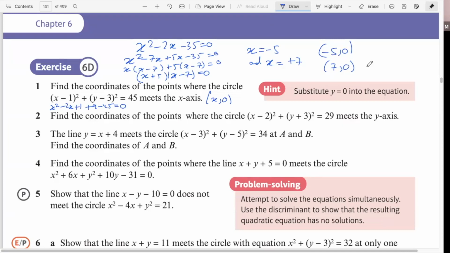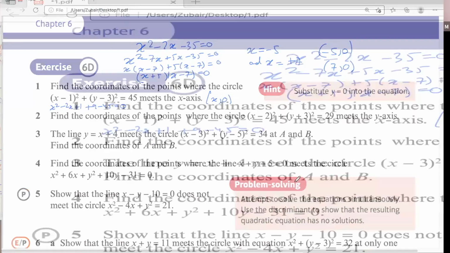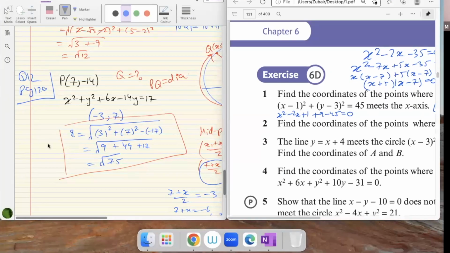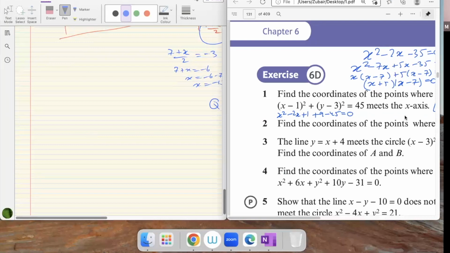There's one more way we can do this. The difference is 12 and the center is positive 1. Okay, let me sketch this. The correct method is this.